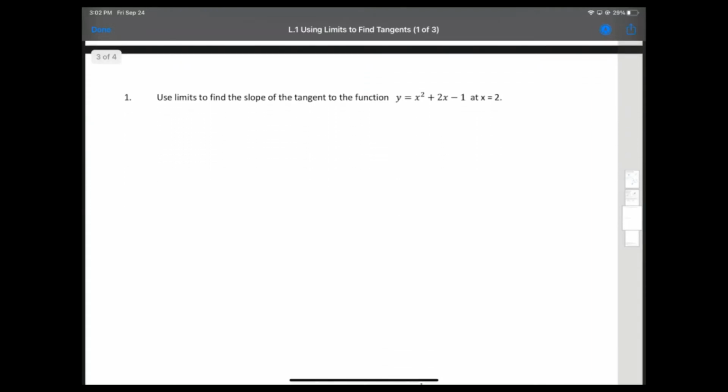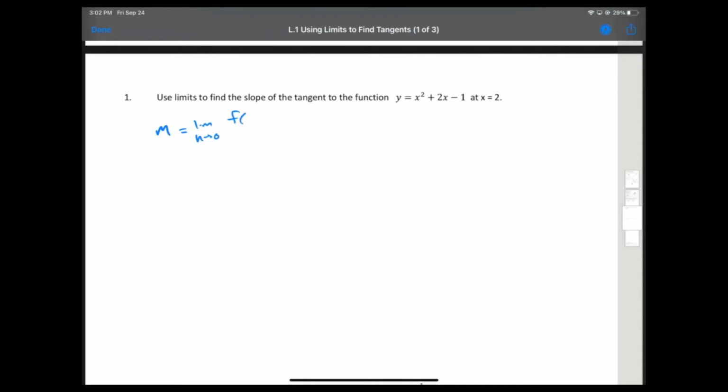Use limits to find the slope of the tangent of the function y equals x squared plus 2x minus 1 at x equals 2. Okay, so we said that the slope of the tangent, I'm not going to bother putting subscript tangent on there. We know what we're doing. The slope of the tangent equals the limit as h approaches 0 of f at, now here in this case, we're looking at x equals 2, so that's our a value.